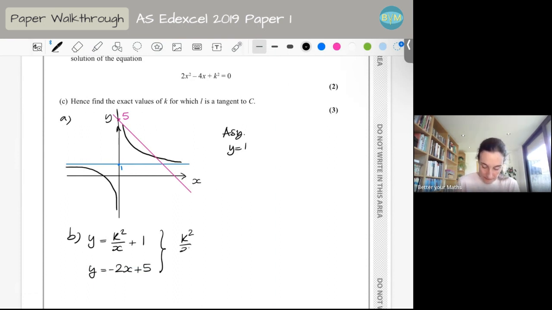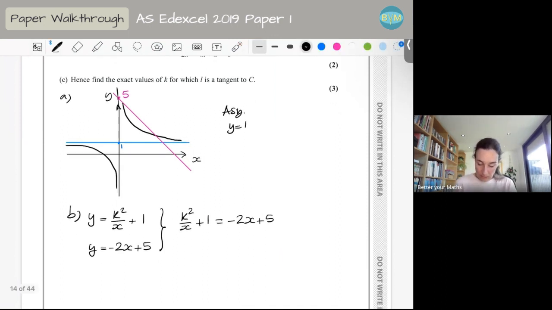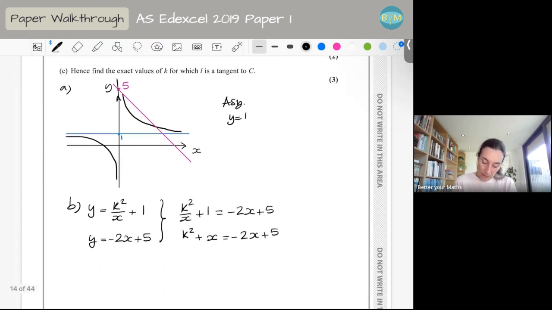And you are going to work with this expression until it looks like this one, so we have everything on one side. So we multiply everything by x. I have k squared plus x squared is minus 2x plus 5. So k squared plus 3x minus 5 equals 0. Just reorganizing.